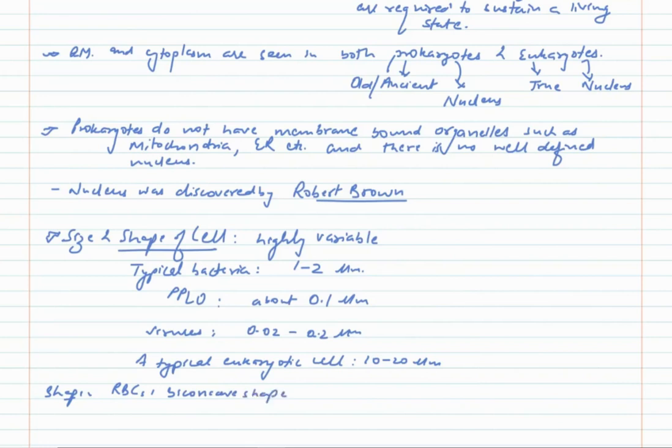White blood cells, WBCs, are amoeboid, that is, they do not have a very particular shape. Nerve cells are branched and long. They are round or oval.